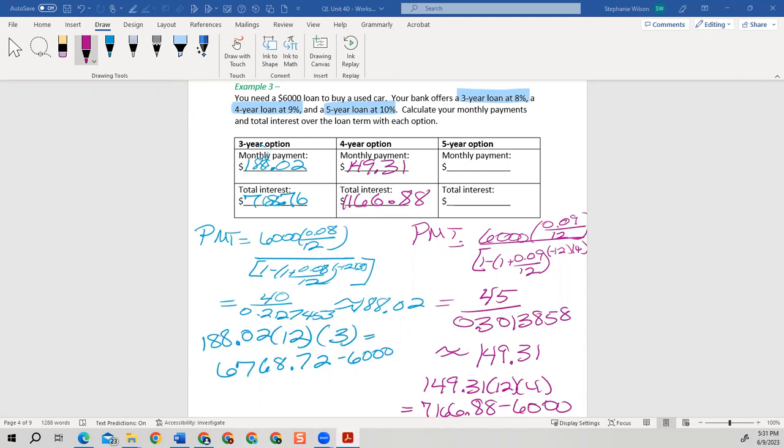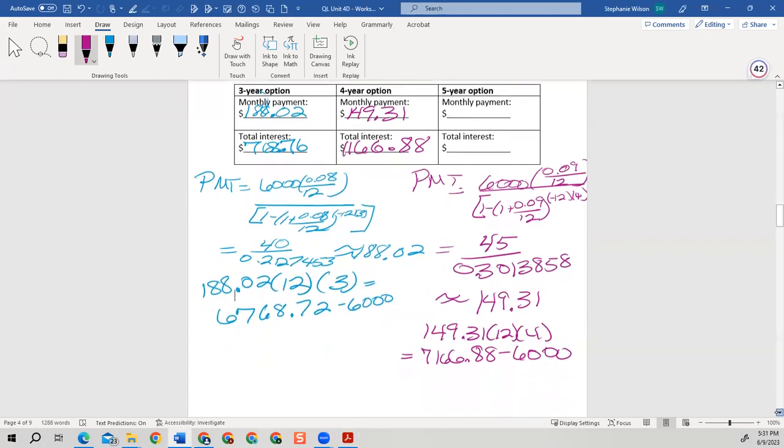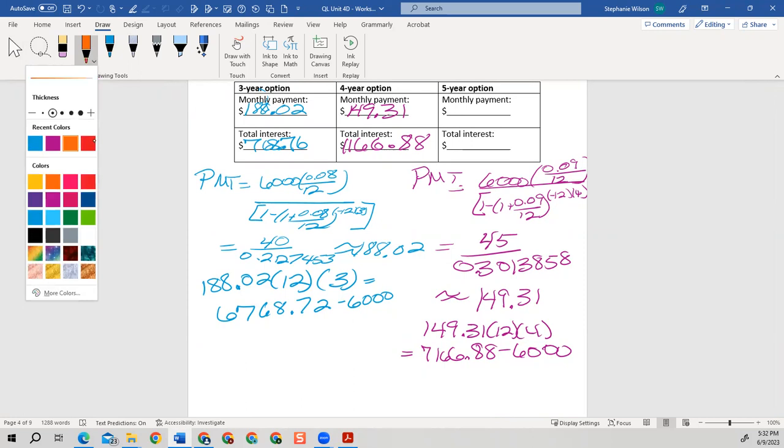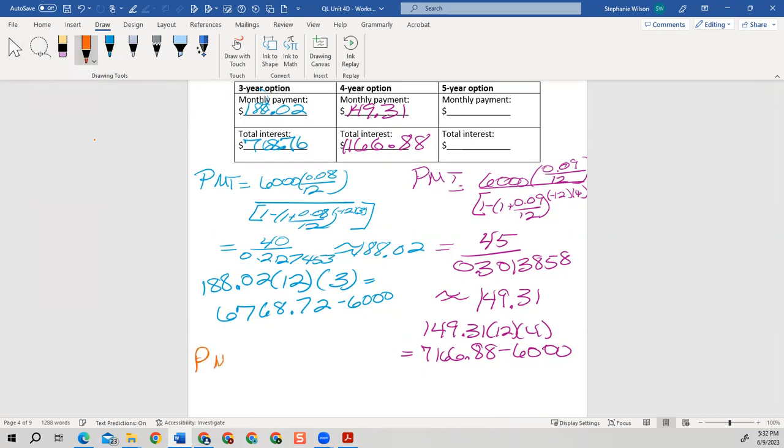Okay. Let me scroll down here, give myself some more room. All right. So on the 5-year loan, we're going to plug in again what we know. So it's $6,000, what you borrowed, at an interest of 10%, 12 months, all divided by 1 minus 1 plus that 0.1 divided by 12, raised to a negative 12 times 5.